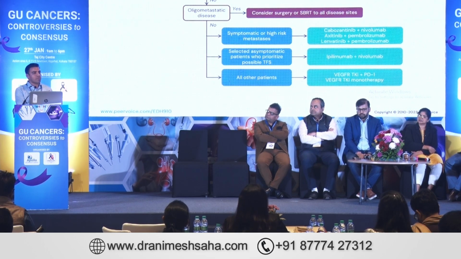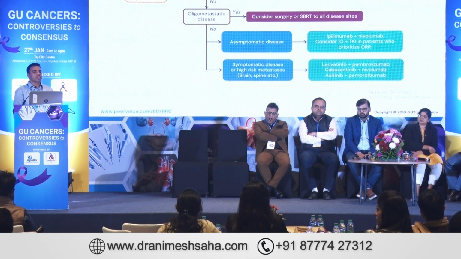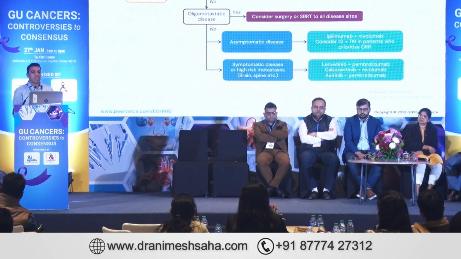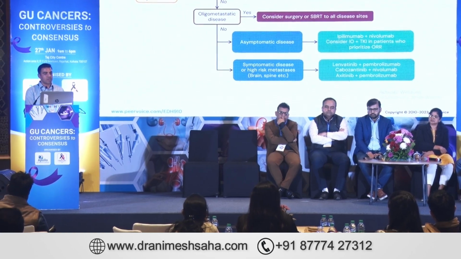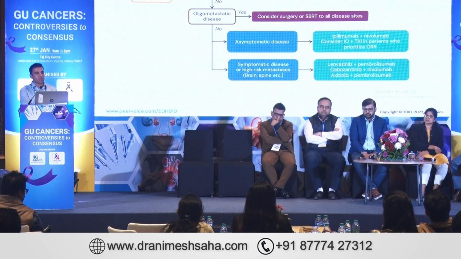But how many patients do you actually get in your clinic who are favorable risk? Very few, because most of them are newly diagnosed. So most of the patients will land up in the intermediate or poor risk category, and in this subset of patients we have to go for a doublet predominantly, because the triplet, as was discussed, although there is an improvement in outcome in comparison to doublet, is a toxic regimen.